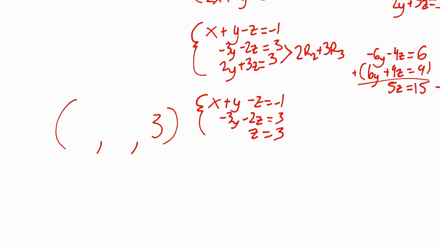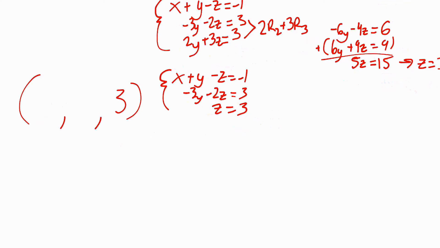So let's start plugging it into the previous equation. We're going to plug z equals 3 in for each of the z's we see. So we've got negative 3y minus 2 times our z value of 3 equals 3. We're going to use this to solve for y. So we've got negative 3y, negative 2 times 3 is negative 6, equals 3.